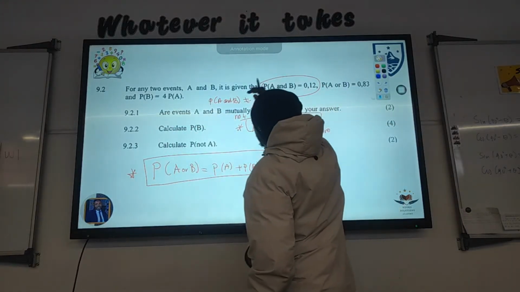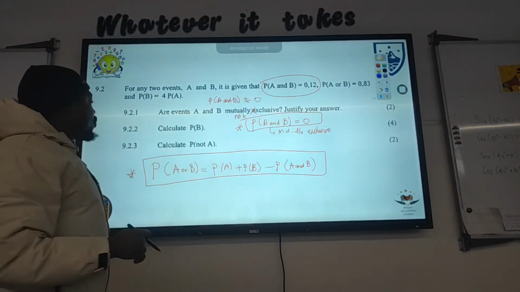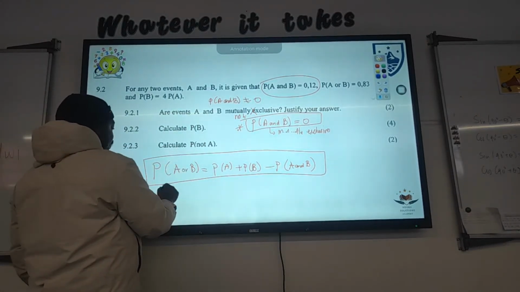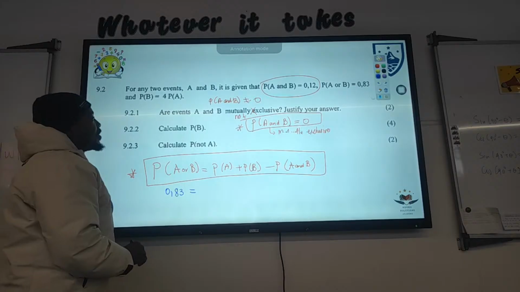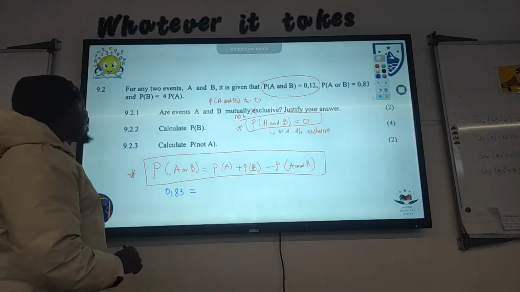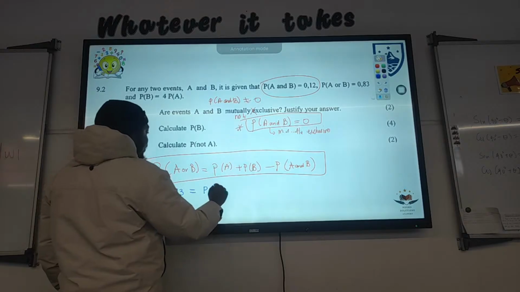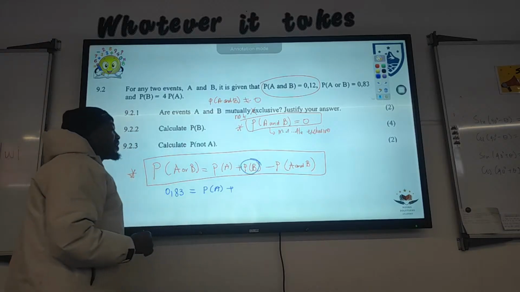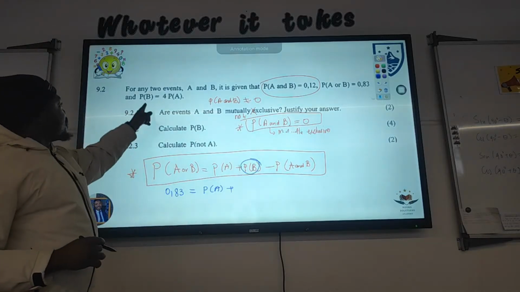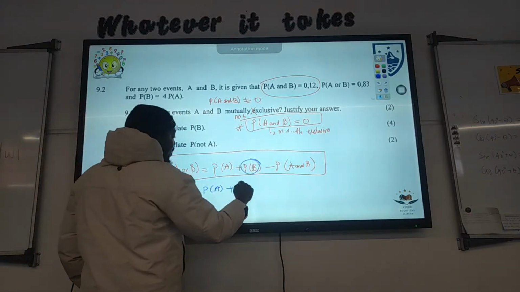We have the probability of A or B happening, and we are given the probability of A or B happening was actually 0,8. The probability of A happening, do we have it? It was not given to us. So let's write it as it is. And then the probability of B happening was given as 4P(A). So we're going to substitute 4P(A).